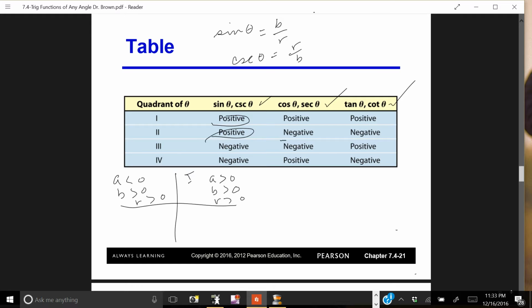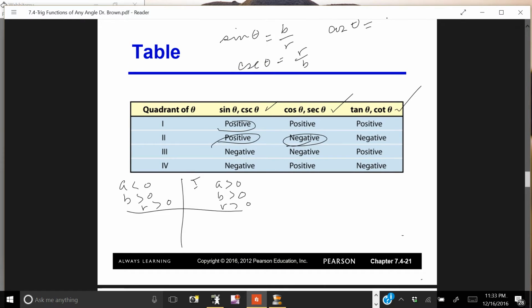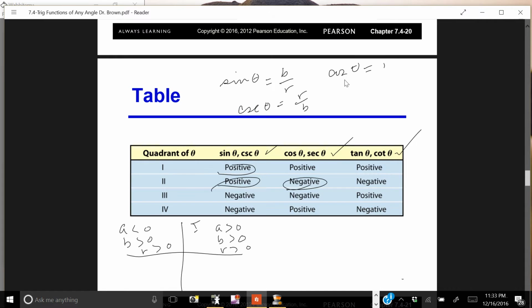The cosine of theta, on the other hand, which is equal to a over r, is going to be negative.